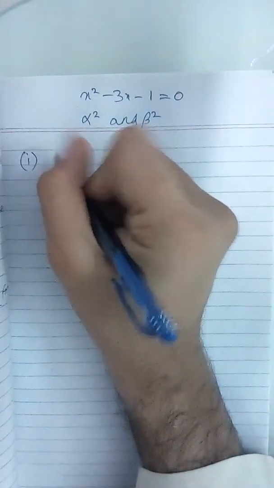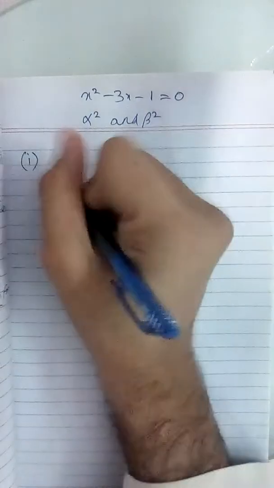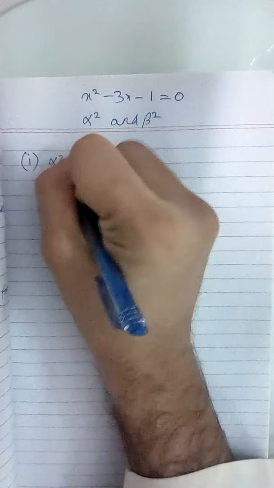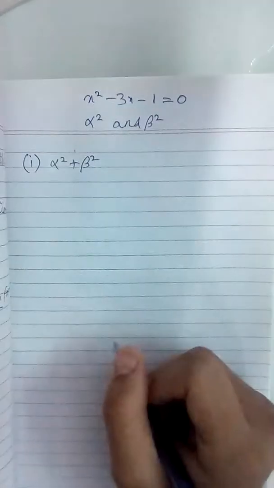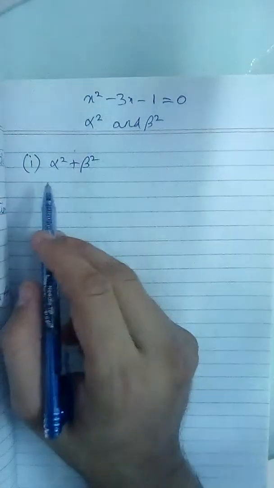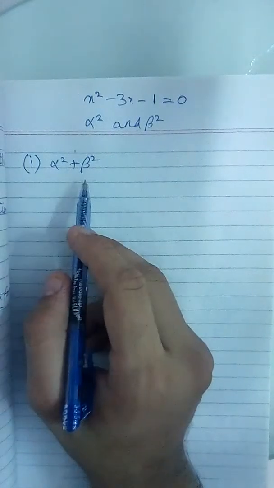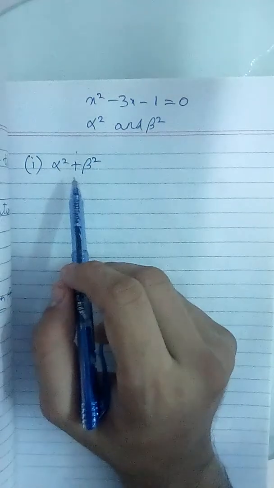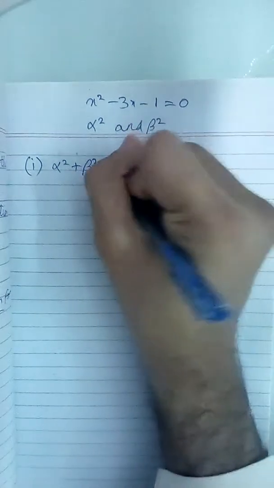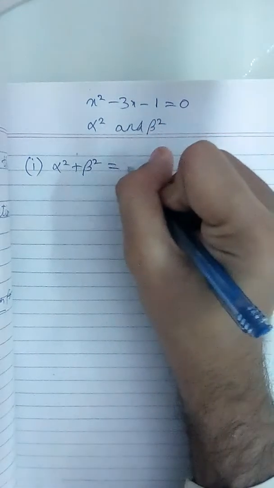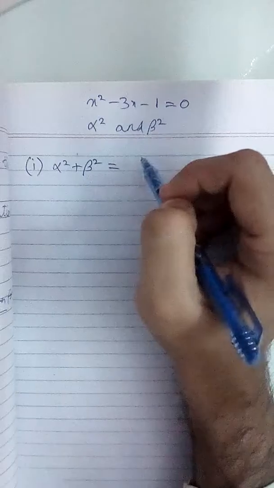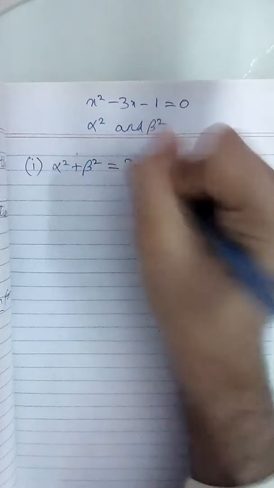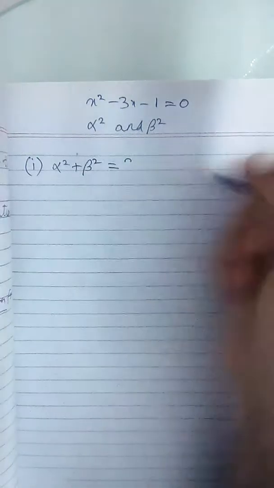Starting off with part 1, we are going to calculate the sum of the roots of the new equation, that would be alpha square plus beta square. The new equation has roots alpha square and beta square, and this is the sum of the roots of the new equation. Solving it, we use minus b over a, sorry, this is for the roots of the previous equation.